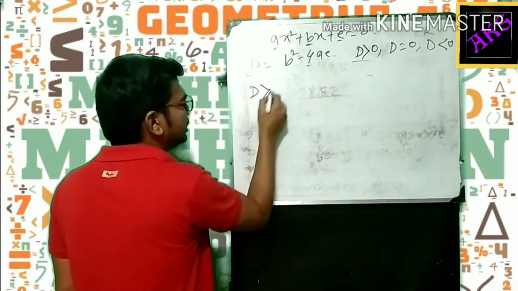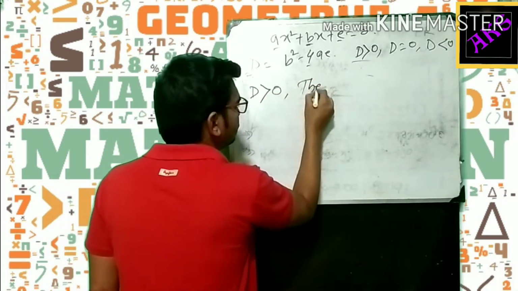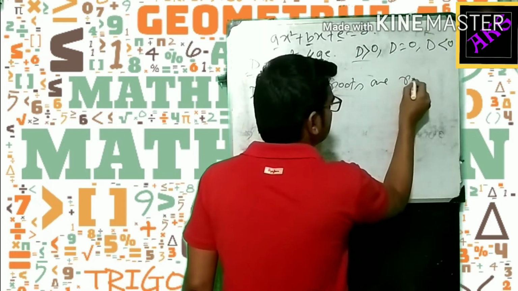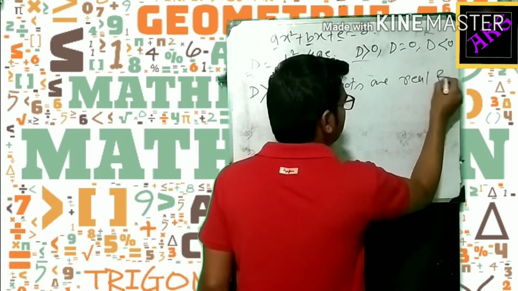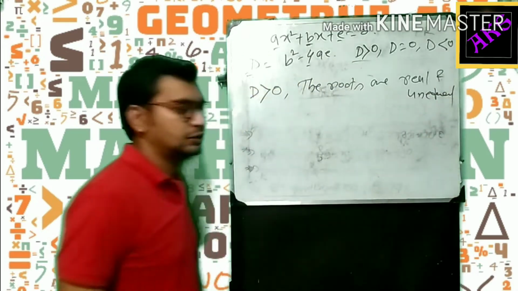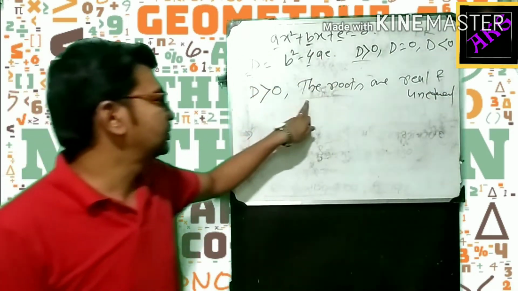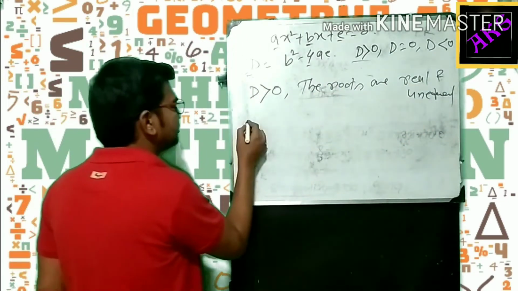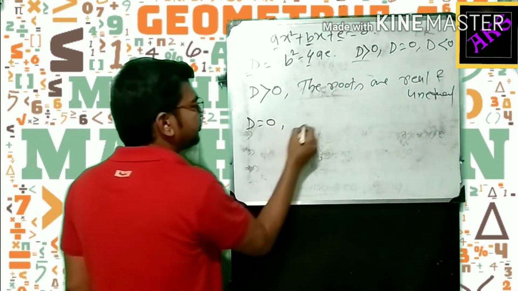Now what happens if D is greater than 0? If D is greater than 0, the roots are real and unequal. Now what happens if D equal to 0?